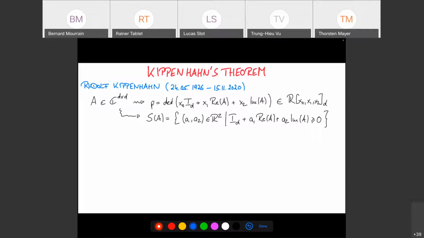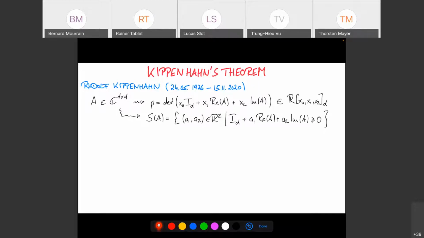So what was his point of view? Well, he said that for the numerical range, maybe we should look at the polar convex body. And this is where we're headed. So we still have our fixed complex matrix A, of size d by d, with its numerical range, but now we want to look at the dual picture. From this A, we form two things.